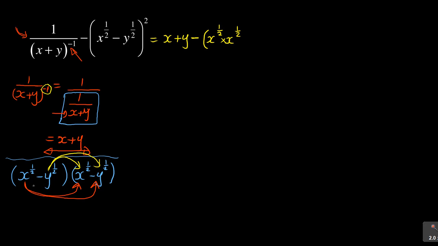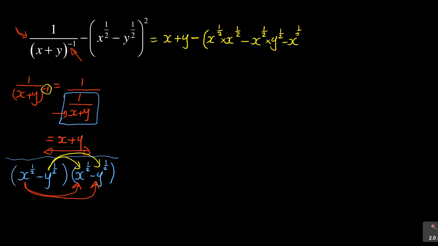The next one is x to the power half times y, which is a negative, so it is minus x to the power half times y to the power half. If you repeat the step, now it's y and x, it will be minus, but you can always start with the alphabetical x because it begins before y.